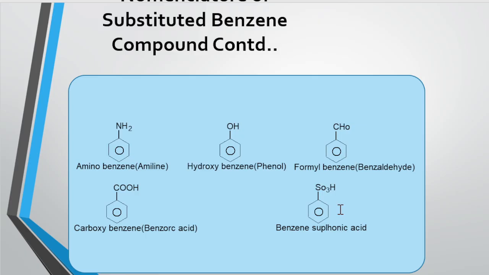For example, if NH2 is on benzene, it is called aminobenzene, which is also called aniline. If benzene contains an OH group, it is called hydroxybenzene, which is also called phenol. If benzene contains CHO, it is called formylbenzene, which is called benzaldehyde.